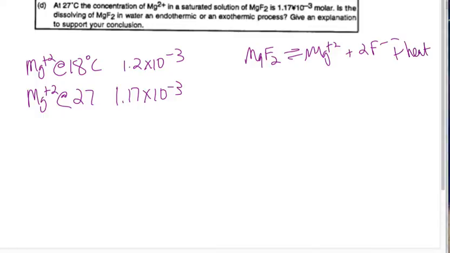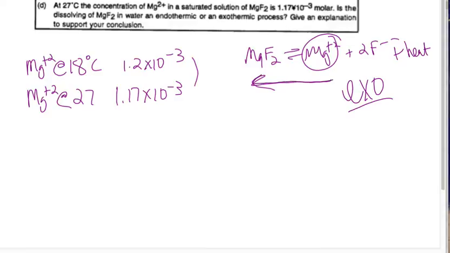Plus heat. So that makes this exothermic. I'll repeat it. This is sexy as hell. When we went from 18 to 27, the concentration of this decreased. So as we added heat, it shifted left. Temperature went up, right? 18 to 27. As we added heat, it shifted left.